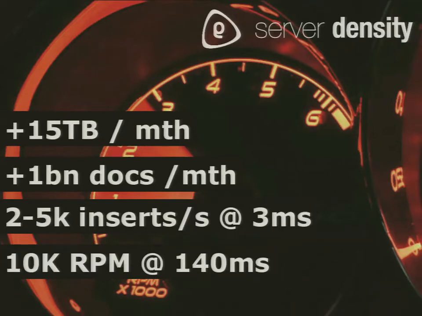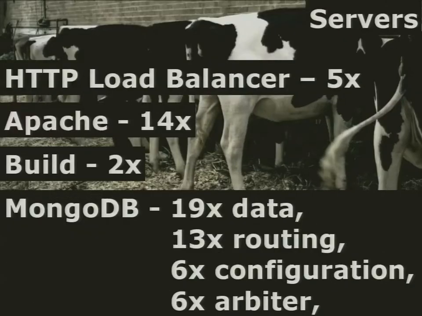We run about 100 servers for this, all through Puppet configuration. So this is how our farm looks like. It's a pretty straightforward thing. The MongoDB cluster is the biggest set of servers that we have, and I'm going to talk a little bit more in depth about the load balancer because we did some interesting stuff there.